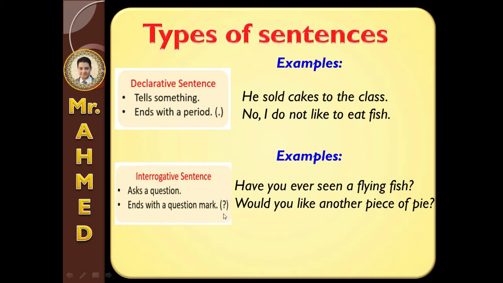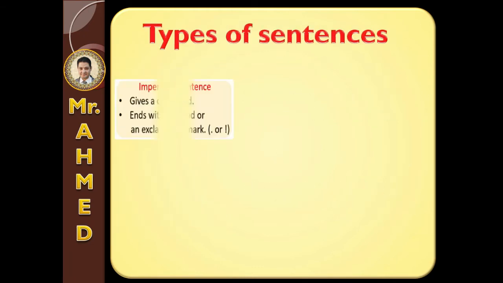Would you like another piece of pie? The third type of sentence is the imperative sentence, which gives a command, and this kind of sentence ends with a period or exclamation mark, as we will see.